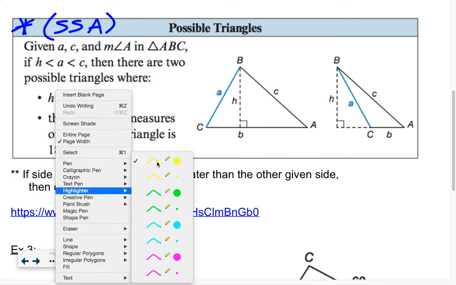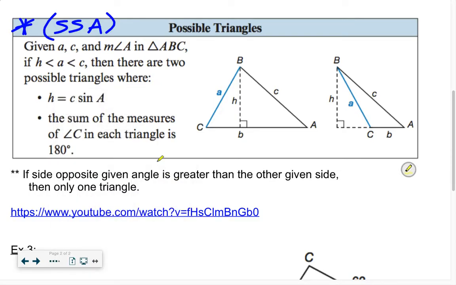Over the years of breaking this thing down, there's one statement that I was able to come up with. The chart is great, it's okay, but I wouldn't copy it down. The only thing I would copy down is this statement right here.